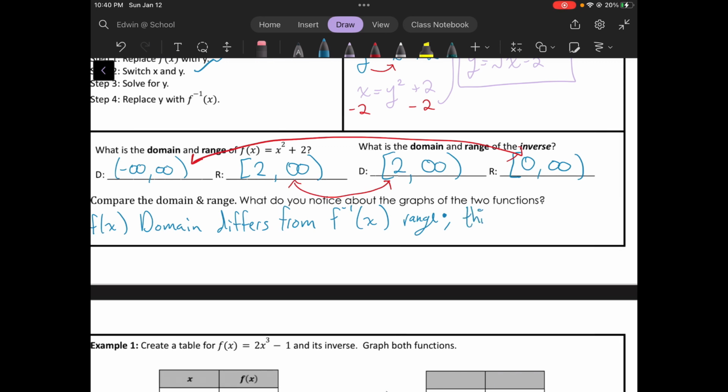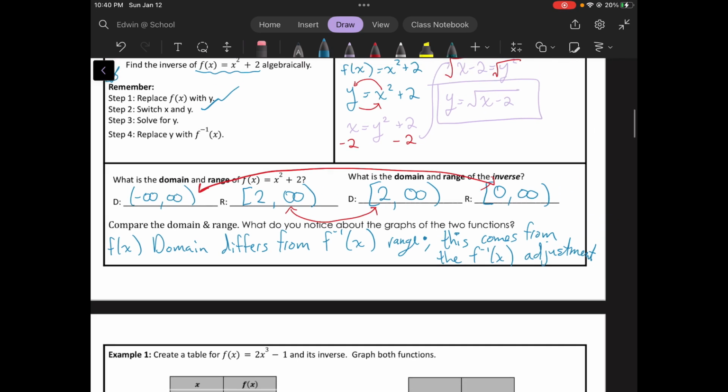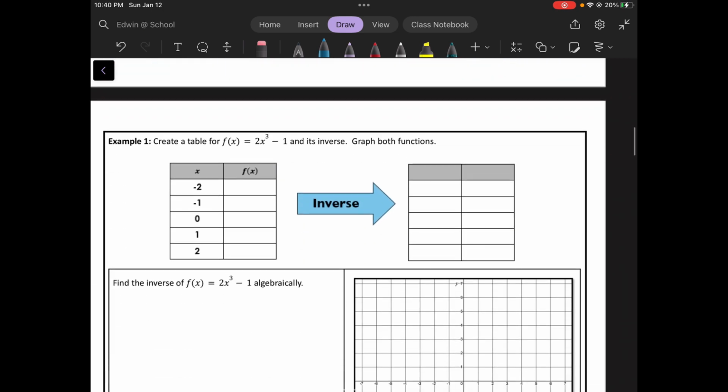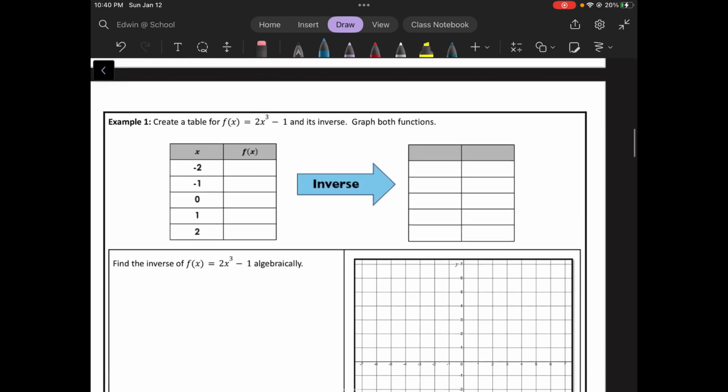And the reason this happens is from the adjustment. This comes from the inverse adjustment. So I'm just going to write the f inverse of x adjustment. Okay, so we'll see if we get more comfortable with this idea as we go on. But anyways, let's check it out.